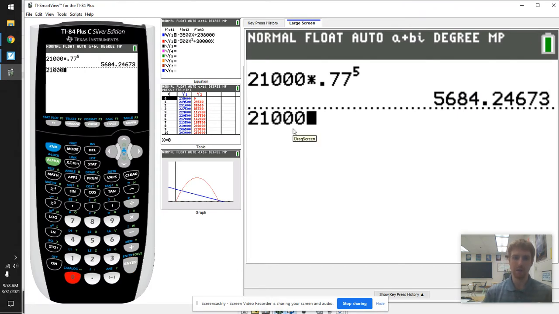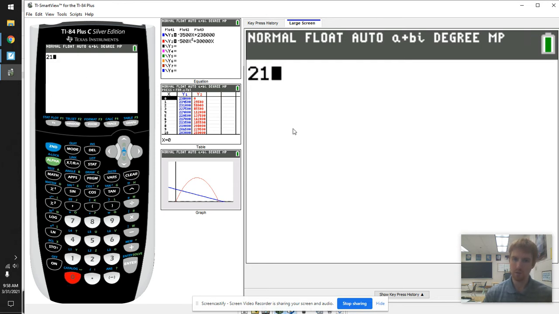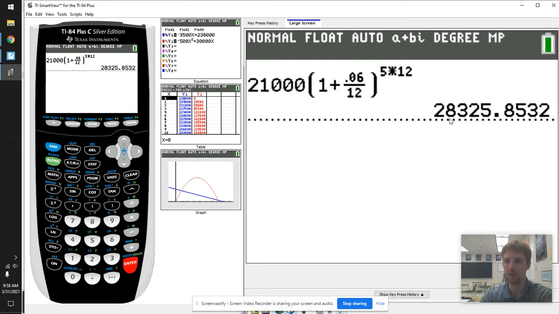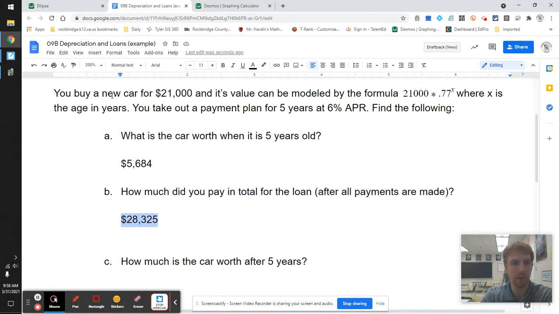Just so you can see it in the calculator, 21,000 times 1 plus 0.06, caret button for power, 5 times 12. Now on the calculator, I didn't really have to put parentheses. I put both of those as a power. And you get the same answer, so we're good to go.